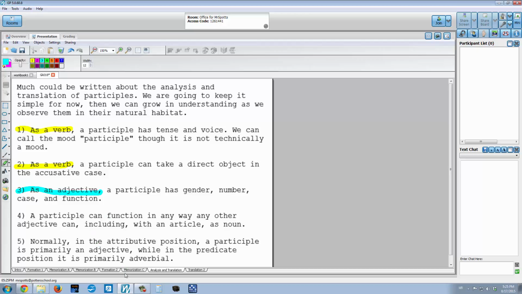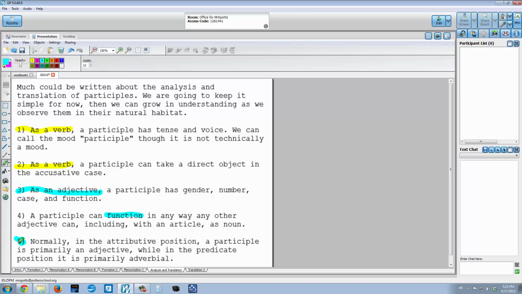And its function can be anything that an adjective can do, and that includes, if it has an article with it, it can act just like a noun. In fact, you know one already, probably: the third declension noun ho archon, a ruler, is really just a present participle of the verb archo, I rule, and it's being used as a noun. Just fine. Makes sense. A ruling person.